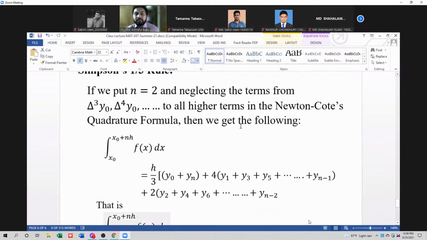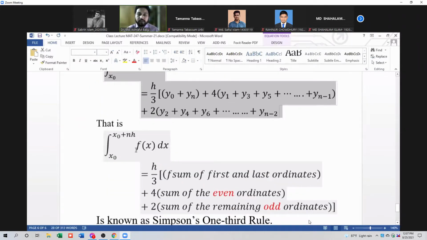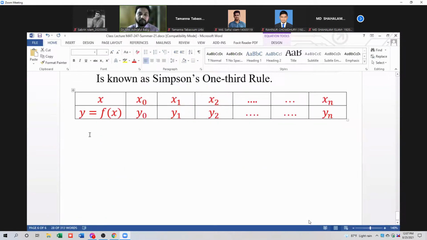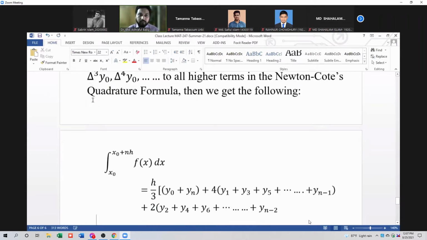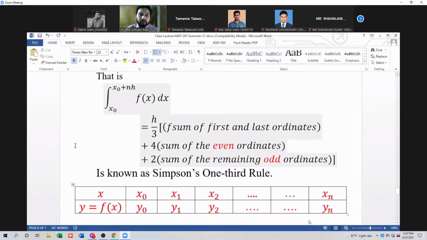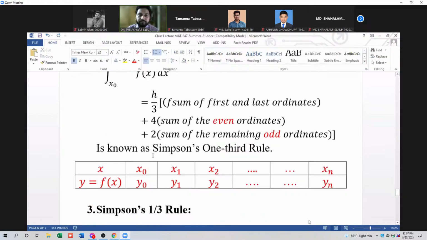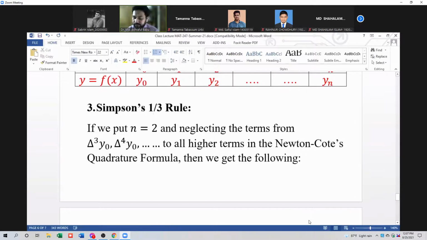Now for Simpson's three-eighth rule, you have to put n equal to 3 and neglect from del 4 to del 5 and so on.